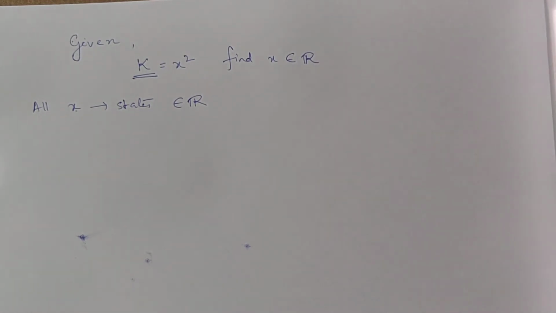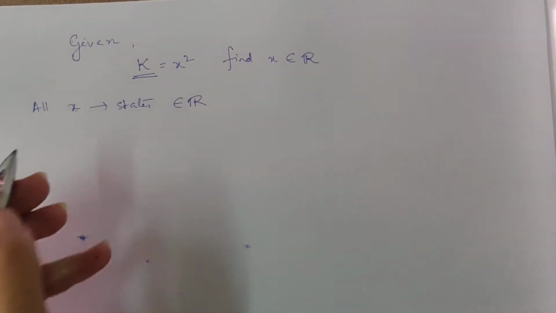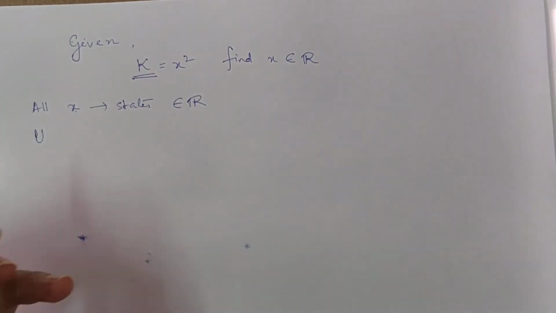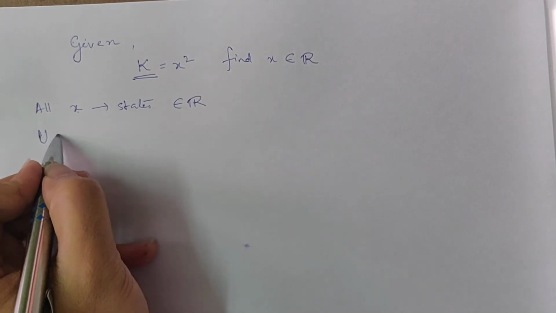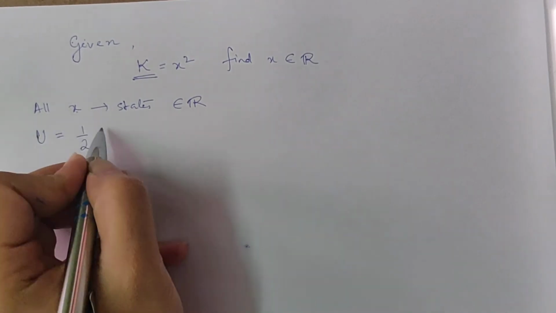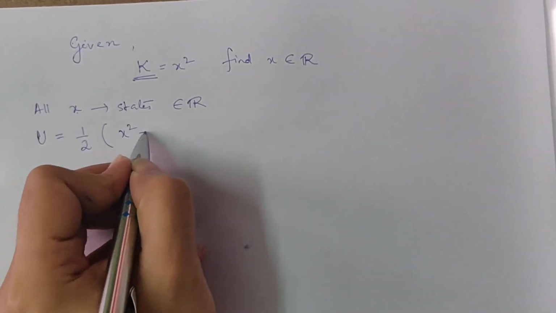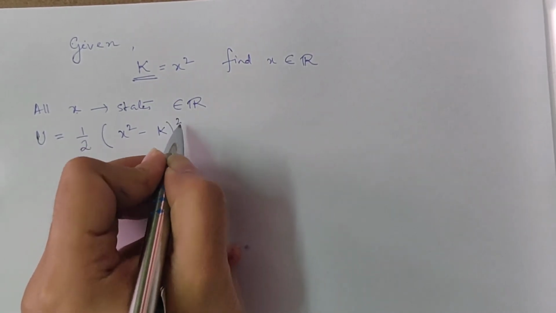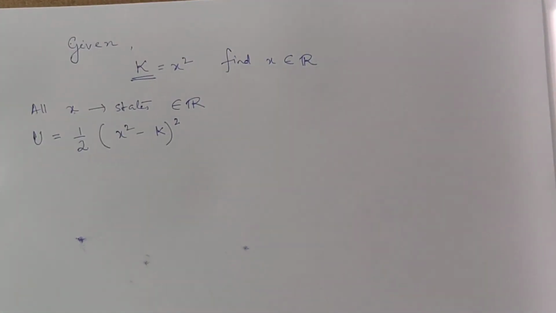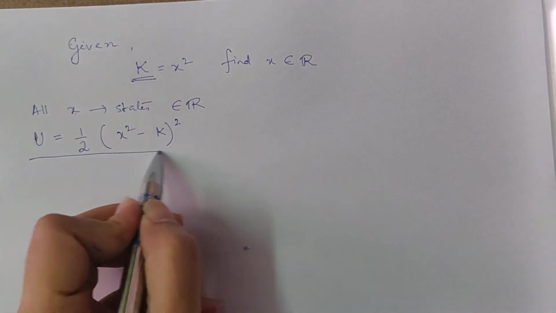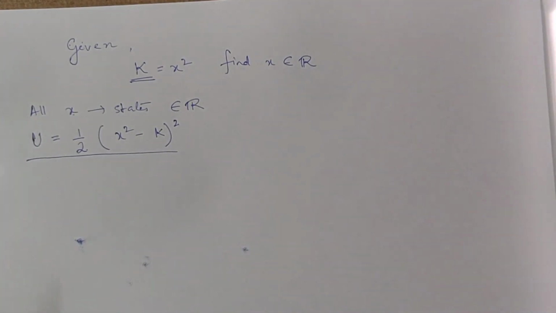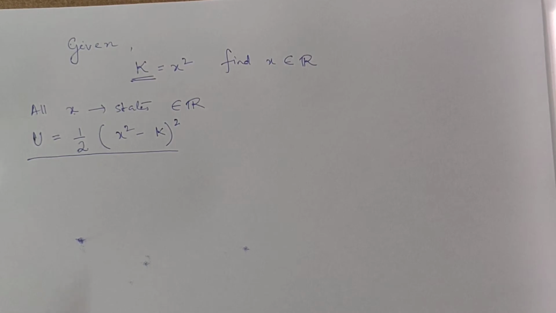Now let us try to pose this problem as an optimization problem. How? Let us define the objective function or utility function like this. Why have we defined it like this? Here I want to minimize my objective function. Now I have posed this as a minimization problem.